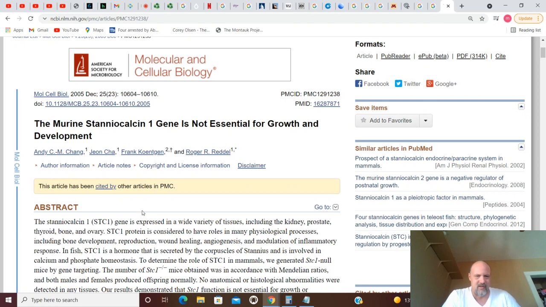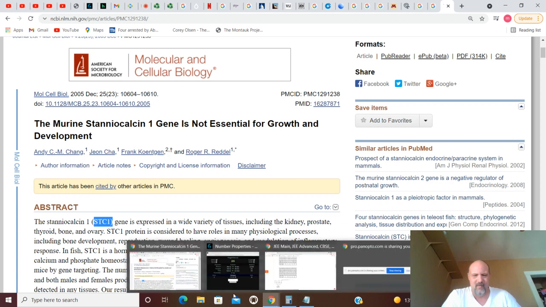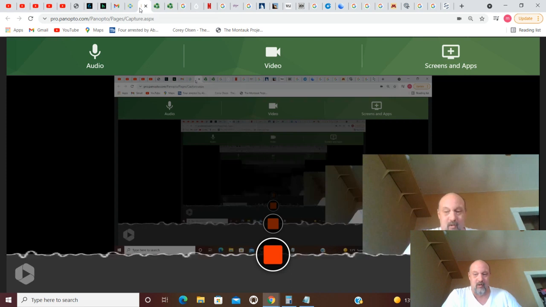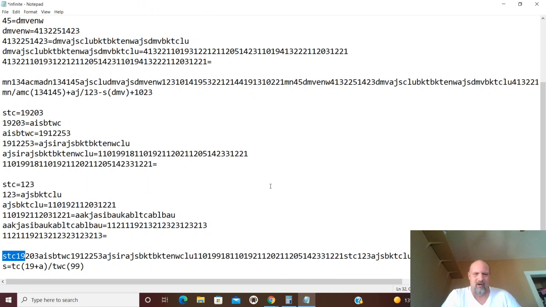It doesn't necessarily say it's a protein coding gene, but you got an STC1 gene here. And the farther down the rabbit hole you go, the more work it's going to be, obviously. So maybe we don't want to go here.